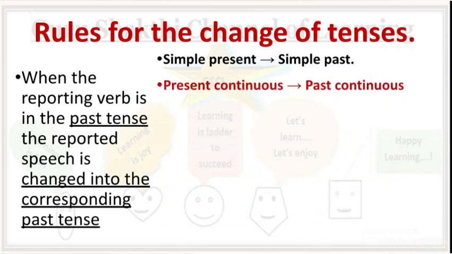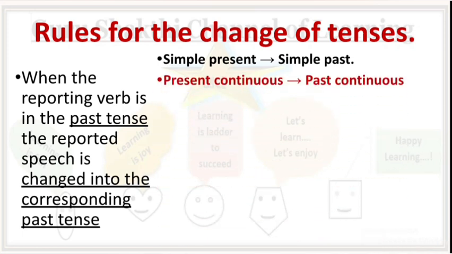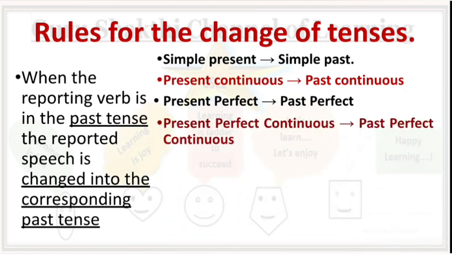If it is in present continuous form, then it is changed to past continuous form. If it is in present perfect form, then it is changed to past perfect form. Present perfect continuous is changed to past perfect continuous tense.